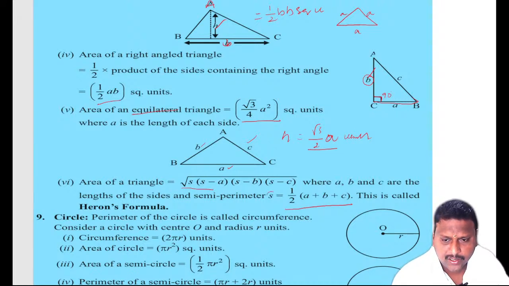Then S is called semi-perimeter. Perimeter means sum of all sides, semi means half. This is called Heron's formula regarding area of a triangle. Very important for all your future classes.